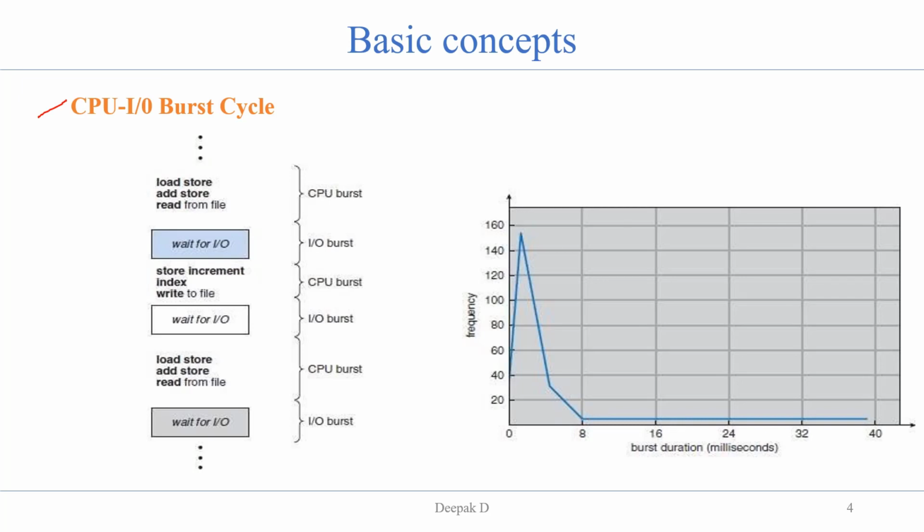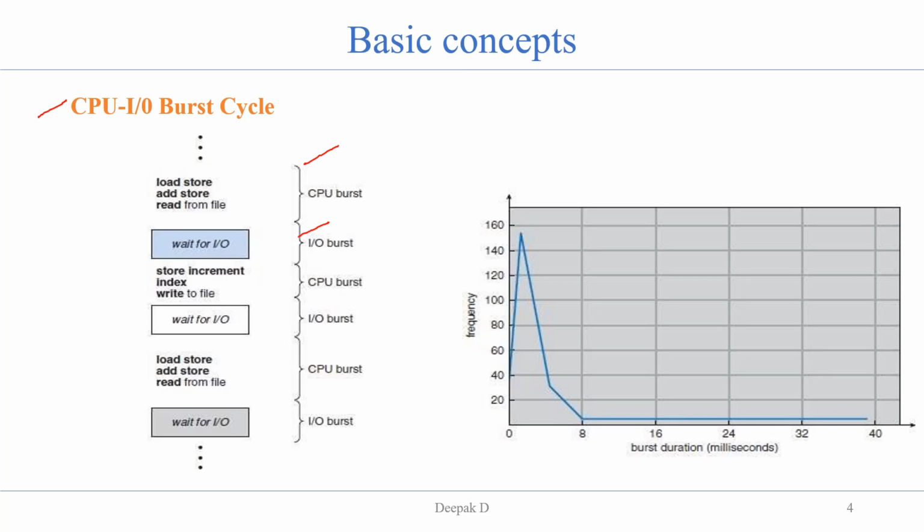Successful CPU scheduling depends upon the properties of your process. Whenever your process starts its execution, it comes across two different cycles: one is CPU execution and another is IO wait. The process alternates between these states.